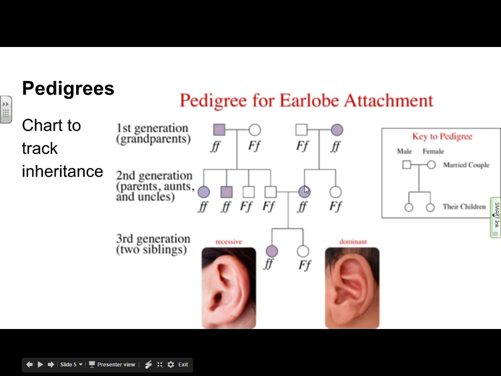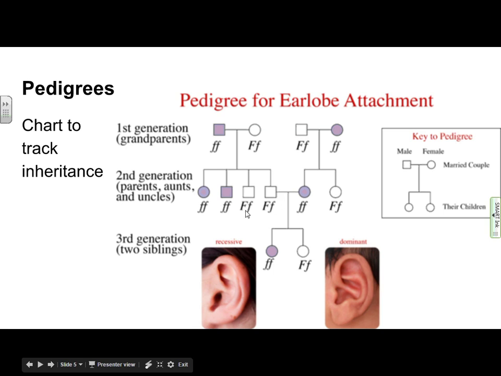They go back to mom's parents, their maternal grandfather and maternal grandmother. They find that grandpa has detached earlobes. Grandma has attached earlobes.